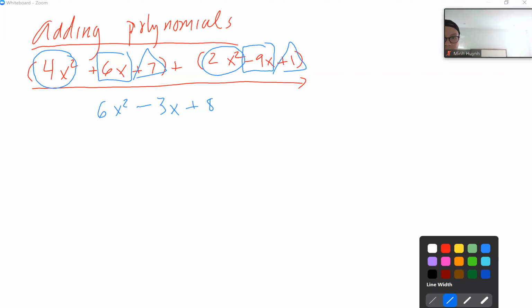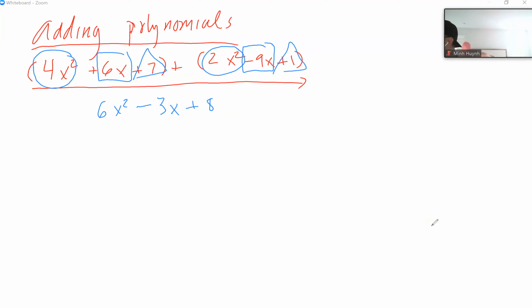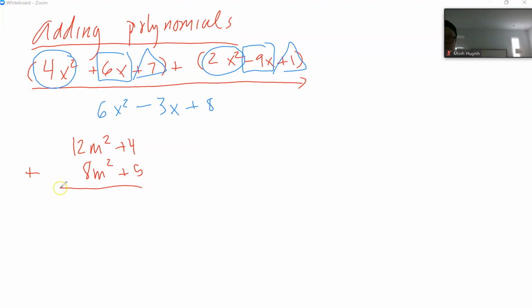So another example is going to be, let's say, 12m squared plus 4, and then I'm gonna write plus right over here, and I have 8m squared plus 5. So this one, they're stacking it up.